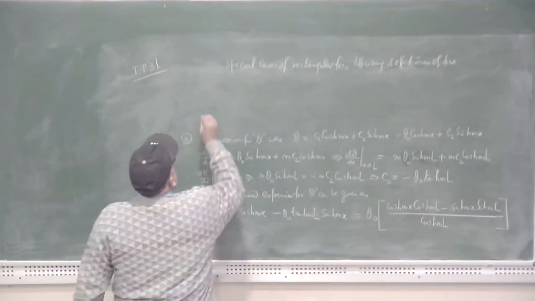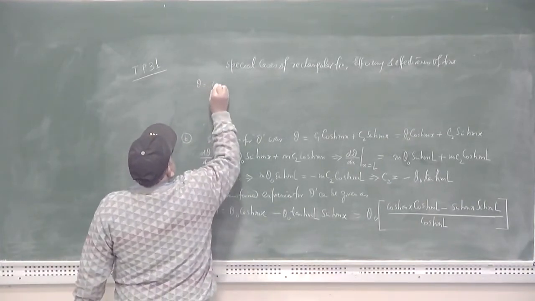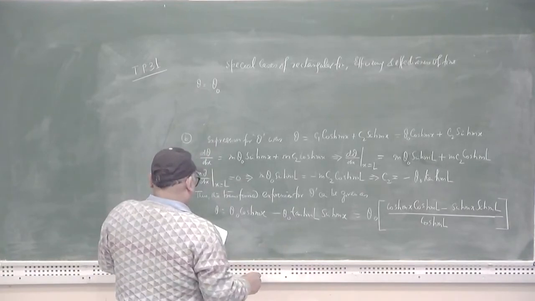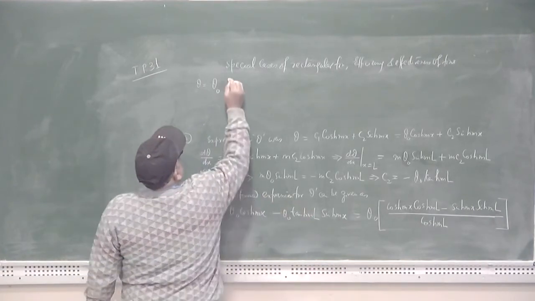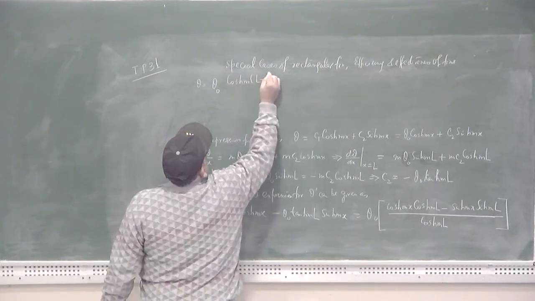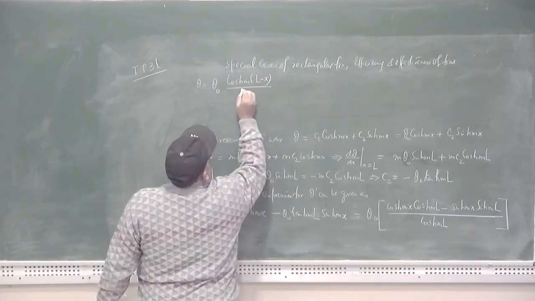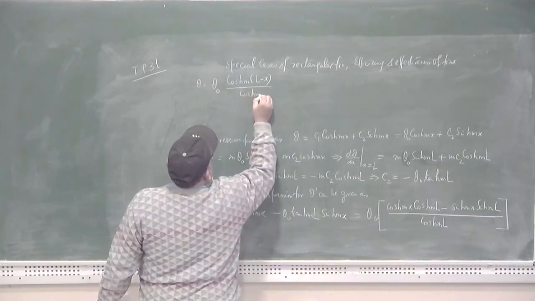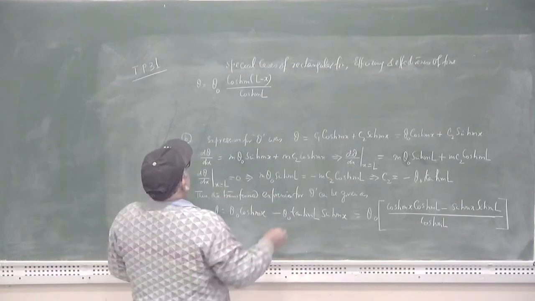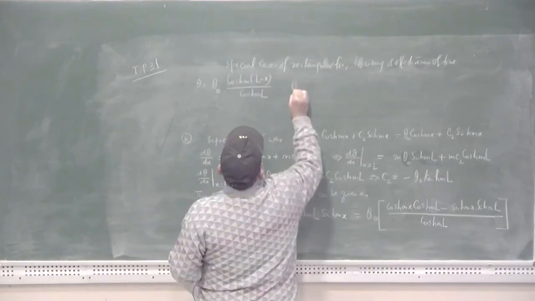So, we can write theta is equal to theta 0 into cosh m(L minus x) divided by cosh mL. Let it be equation number 1.